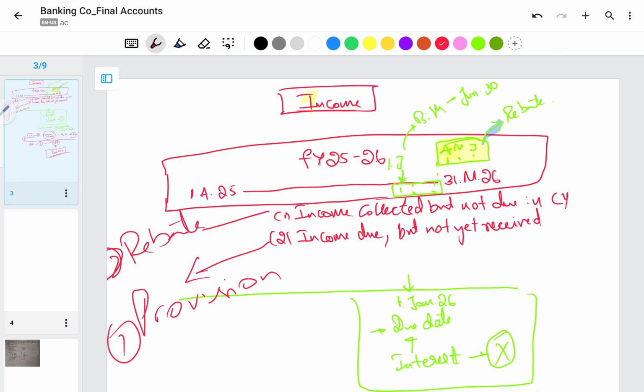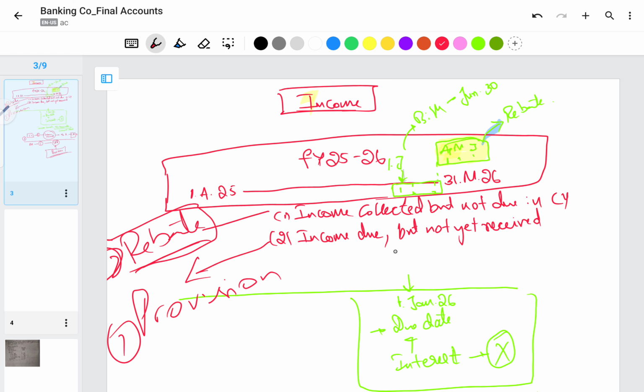But whatever next month or next financial year income we received in the current year is considered as rebate on discount. For the time being, this is sufficient.